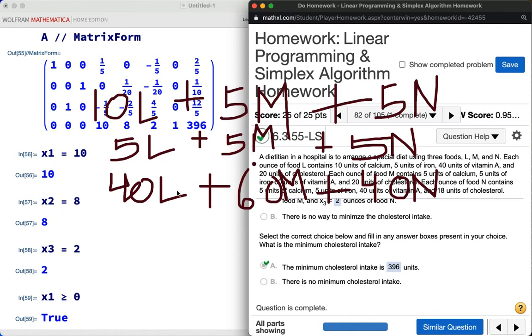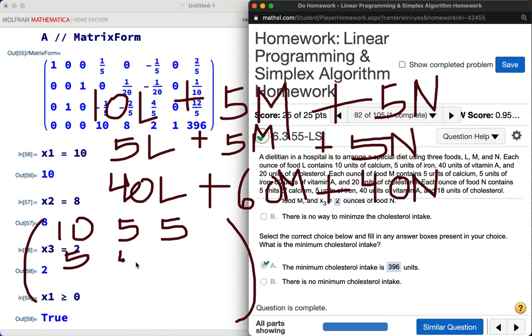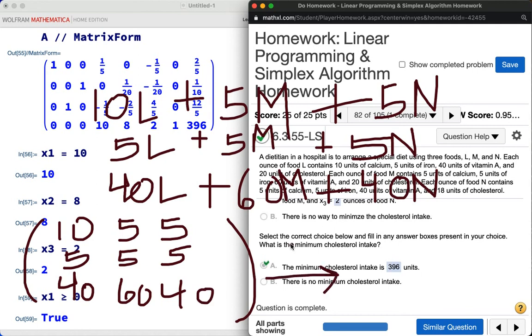So what is the transpose? This is our matrix, right? It's going to be 10, 5, 5, and then you have 5, 5, 5, and then you have 40, 60, and 40. If you apply the transpose function in Mathematica, what you're going to get is very simple. The first row becomes the first column.